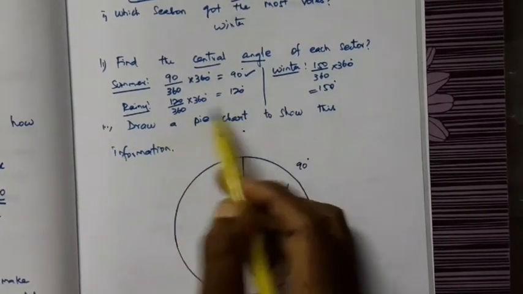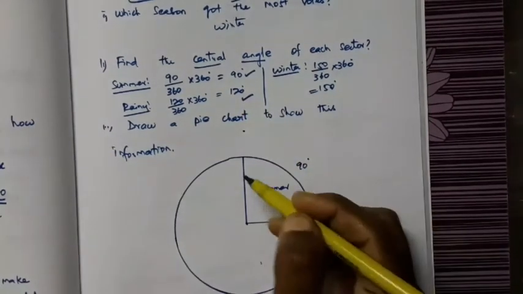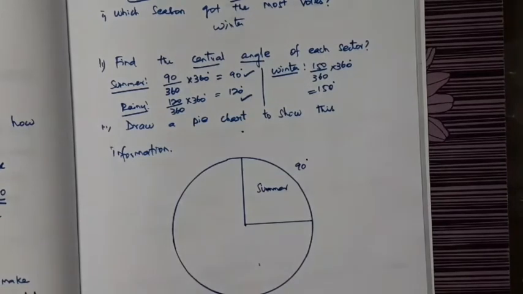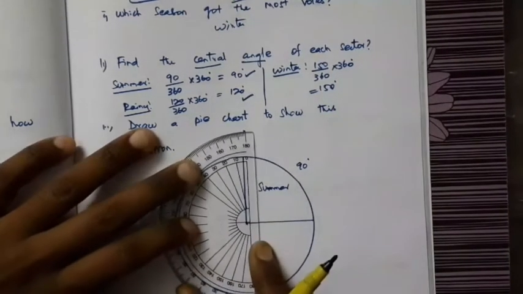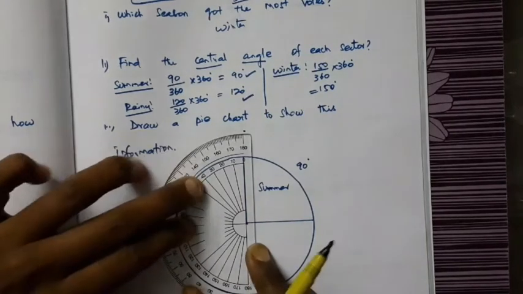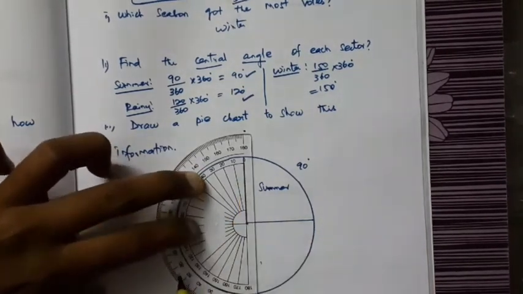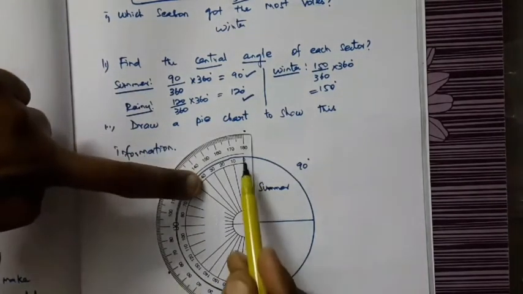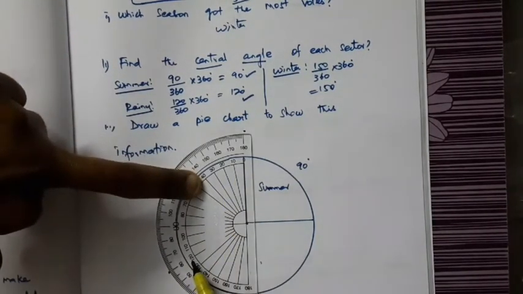And the next is 120 degree. From this line you have to draw 120. So what I will do is, I will keep like this. This is 0 and 120 is here.